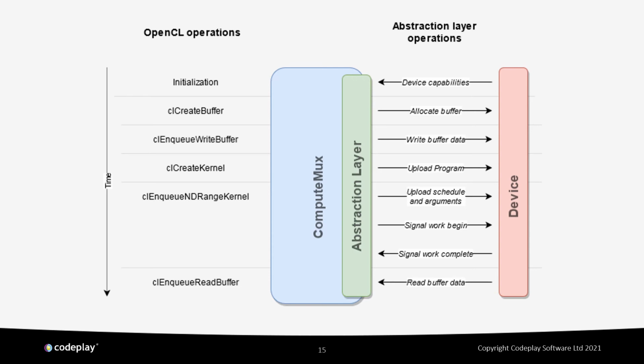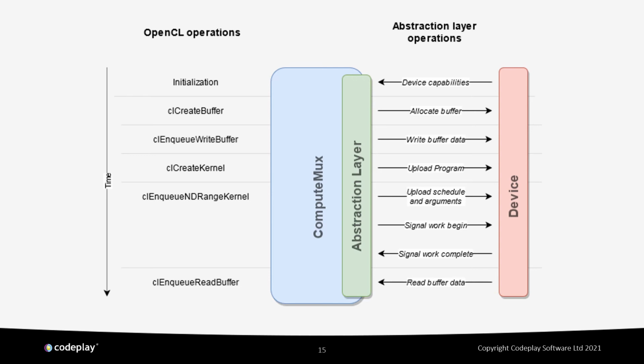So once the buffer has been allocated, then the user may write memory to it. So that's writing from the host onto the device itself. And so that's almost a one-to-one mapping of here's a pointer to host memory and a size. Please write that into the device memory.